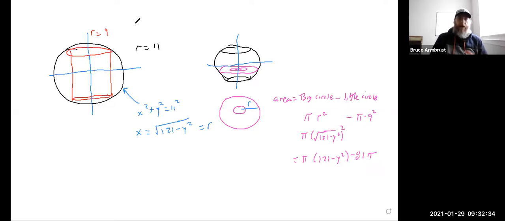And so now that we've got that, we can go ahead and set up our integral. So we're going to take that area, so pi times 121 minus y squared. I would definitely do a little bit of simplification on that before I do the integral, but there's our area times the thickness. And the way I've got mine drawn, the thickness is a dy.